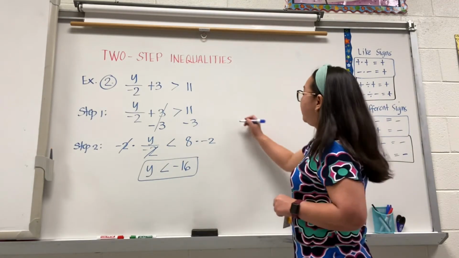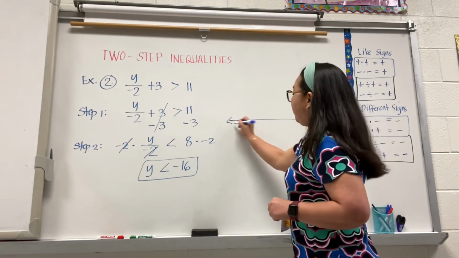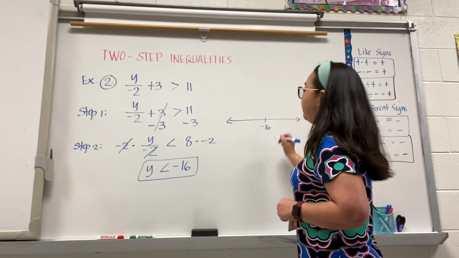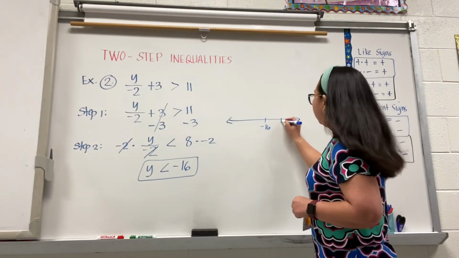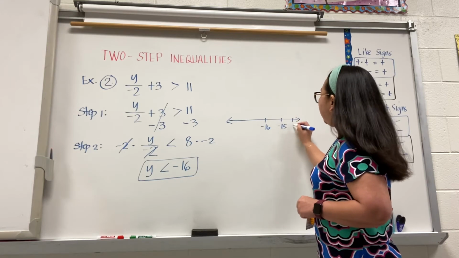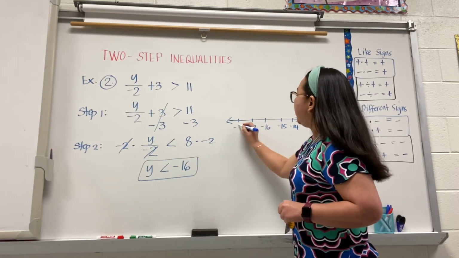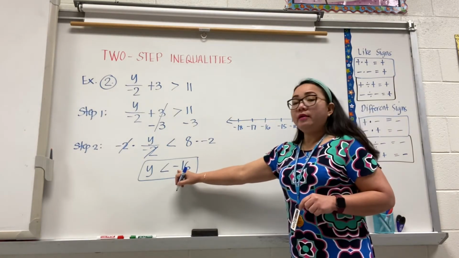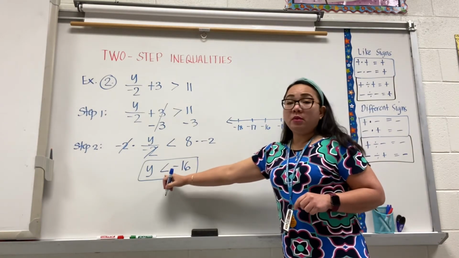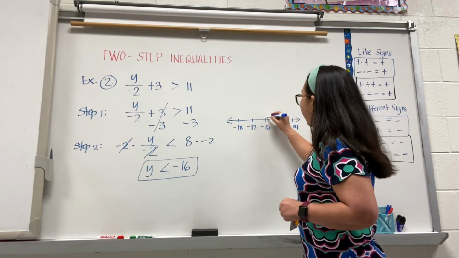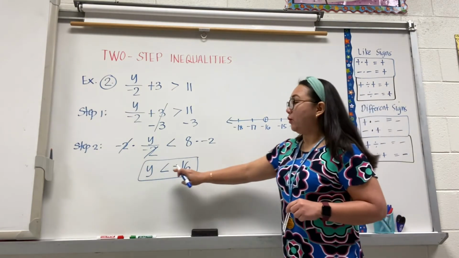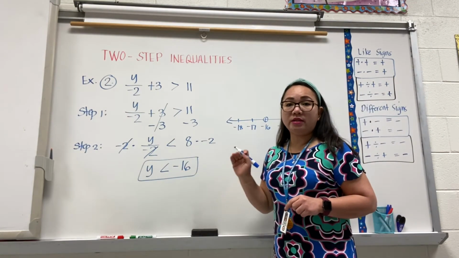Then graph. We have here negative 16. Right of negative 16, negative 15, negative 14. Here we have negative 17, negative 18. And then negative 16. The symbol is less than, so that is an open circle. Less than means the direction is to the left.